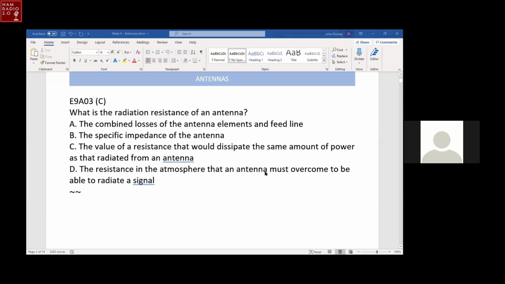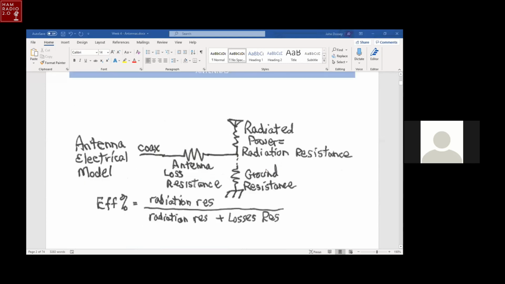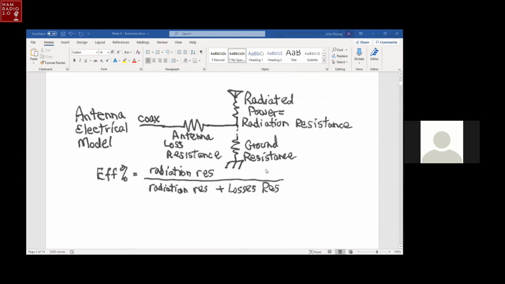Radiation resistance of an antenna. An electrical model for an antenna consists of the loss in a feed line, commonly coax. It can be ladder line as a different type of feed line. You have a radiated power, which is the radiation resistance, which is what power the antenna actually transmits and turns into electromagnetic waves.